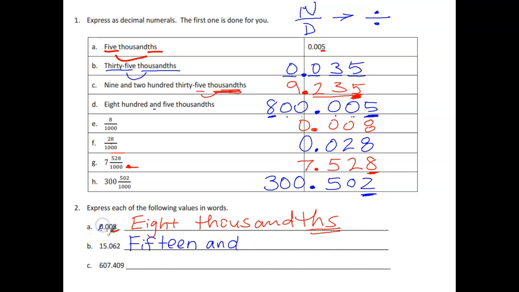We didn't have anything that was a whole there. So now I have 15 wholes, or 15 and. Now I say, well, 15 and what? Well, 62. 62 what? What place value is that 2 in? That 2 is in the thousandths.